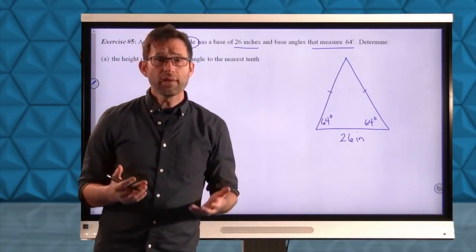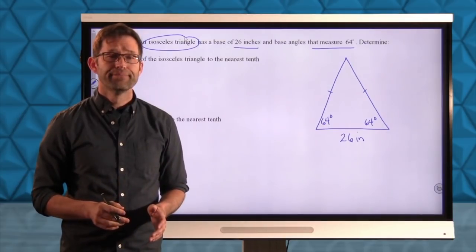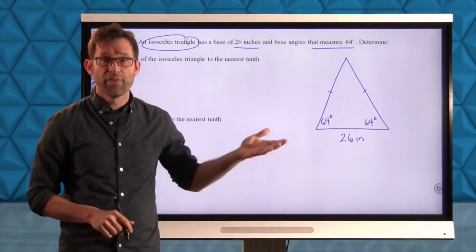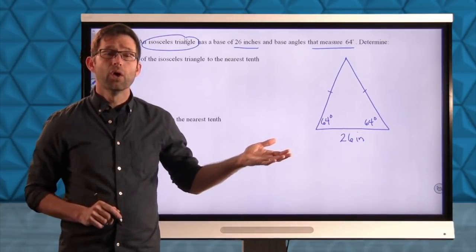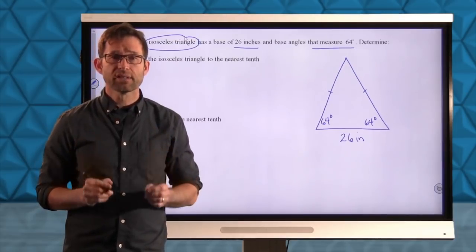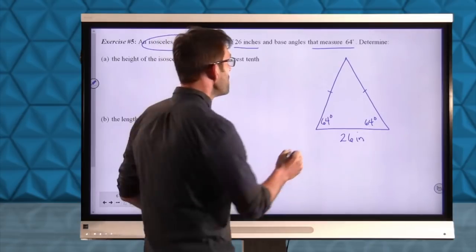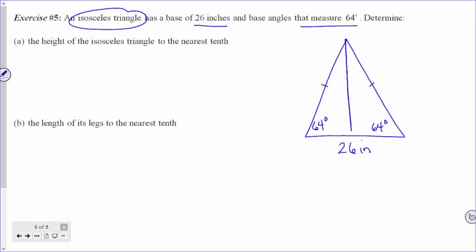Now, one thing to keep in mind is that right triangle trigonometry, by its very definition, only works with right triangles, and this is not a right triangle. But you can always split an isosceles triangle into two congruent right triangles by simply drawing the altitude, which is also the median and the angle bisector of the vertex.